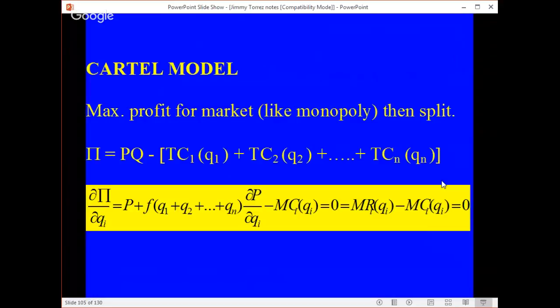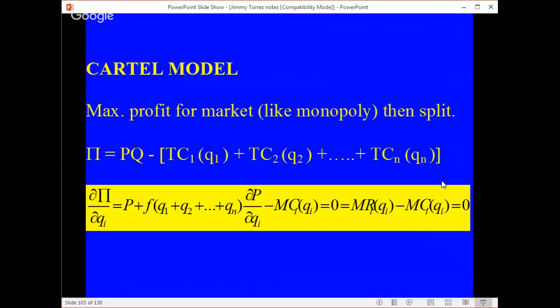Okay. So, right, we have our cartel that's acting as a monopoly: P times Q minus the summation of all the total costs. I take the profit for any one firm, so P times Q, but P is also a function of all the little q's, so f of Q, the partial of Q with respect to Qi.